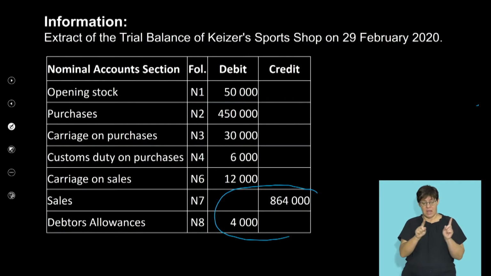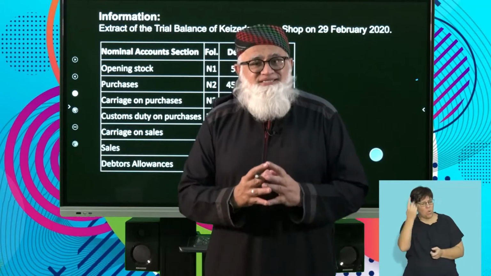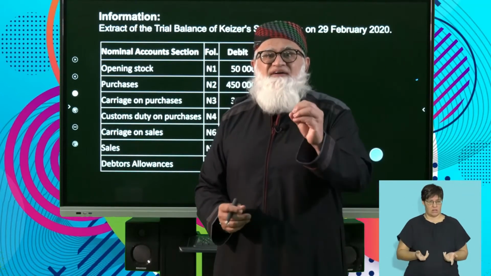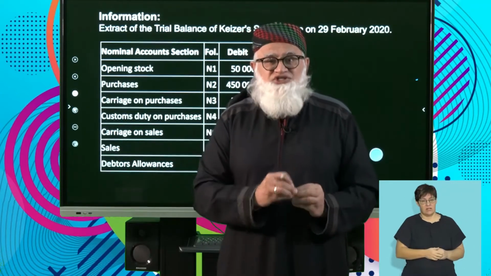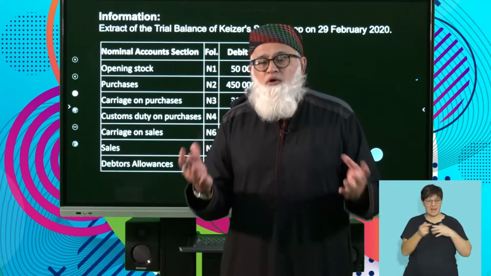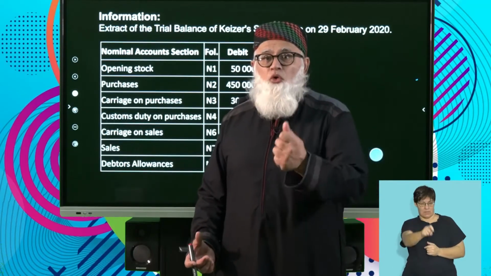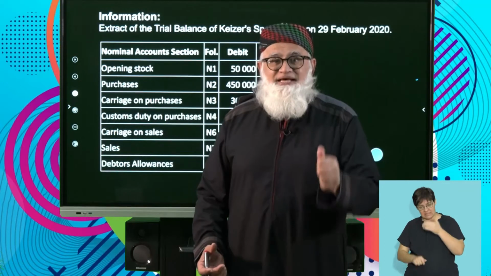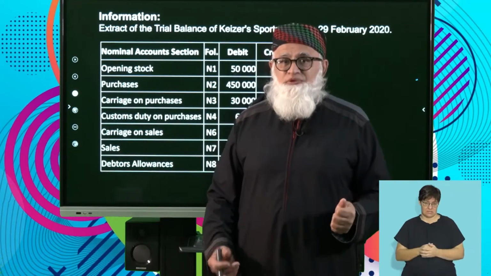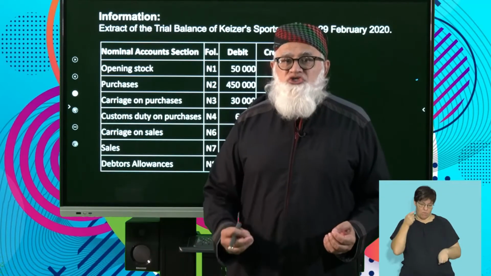But whenever I'm working with sales, this will not be told to you, so please make sure you understand this part. They will never tell you as an adjustment, whether you are doing financial statements or any other work that involves bringing in sales: it's always sales less debtors allowances. Always subtract your debtors allowances from your sales figure.